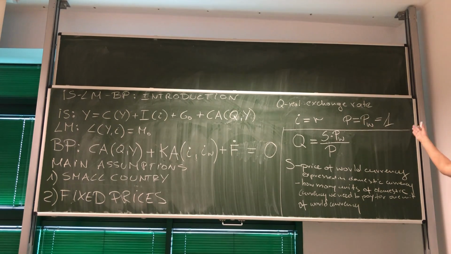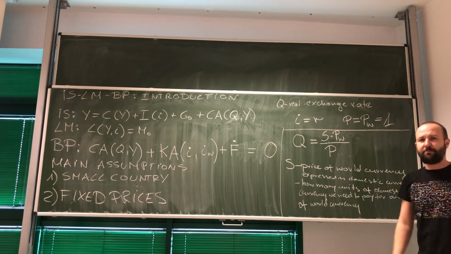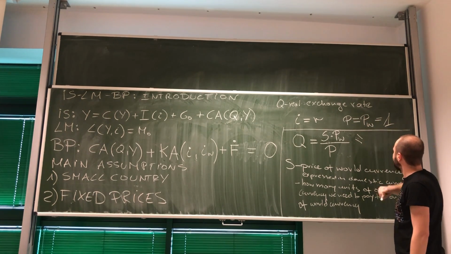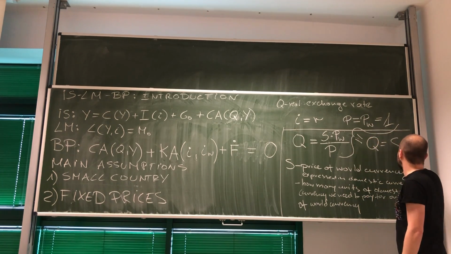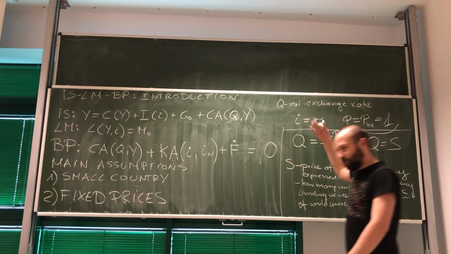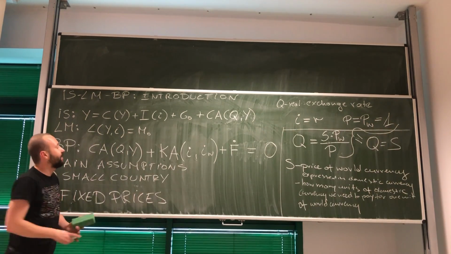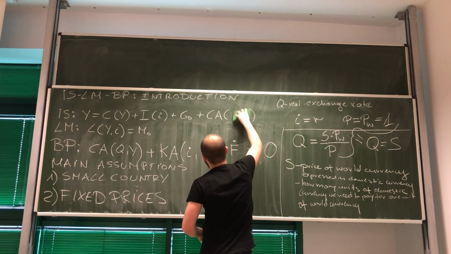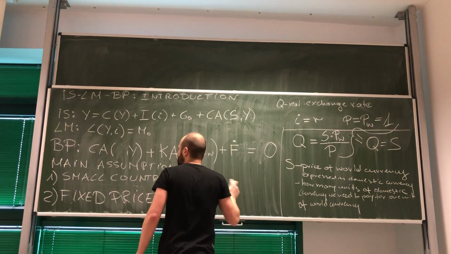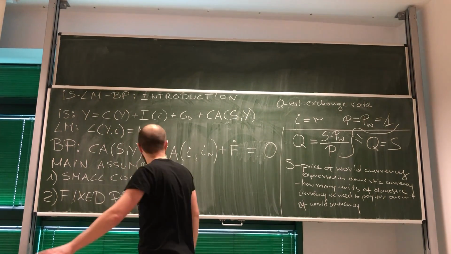Look, if the ratio of the two would be any different number, it wouldn't change anything. We would just always have to write this expression instead of just S. And look, with these assumptions, combining this and this, we get that real exchange rate is equal to nominal exchange rate. So that was what I was writing originally, but I actually went one step ahead of myself. And here, of course, we're going to have spot nominal exchange rate.